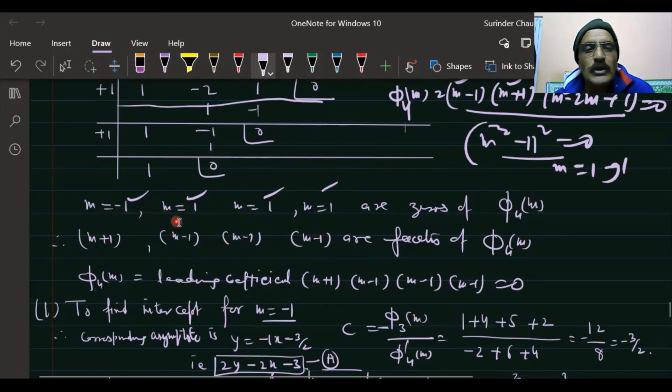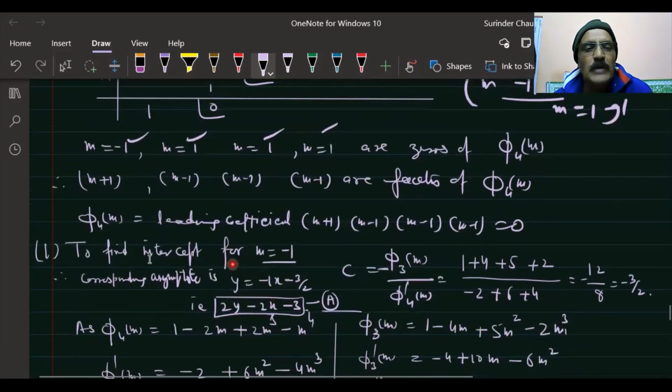Now minus 1 is repeated one time, so the y-intercept for this will be given by c. For this, m is equal to minus 1, and c is equal to minus phi 3 of m upon phi 4 dash of m. In the case of a cubic polynomial, it was minus phi 2 of m upon phi 3 dash of m. But in case of a quartic polynomial, c will be equal to minus phi 3 of m upon phi 4 dash of m.